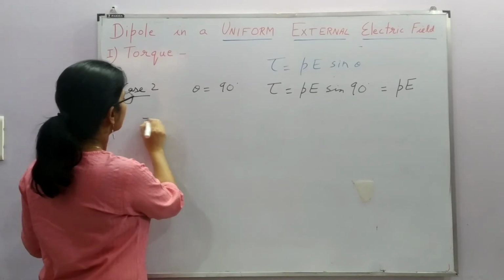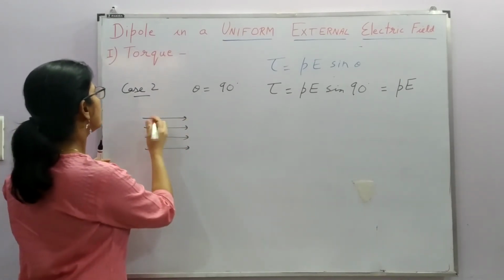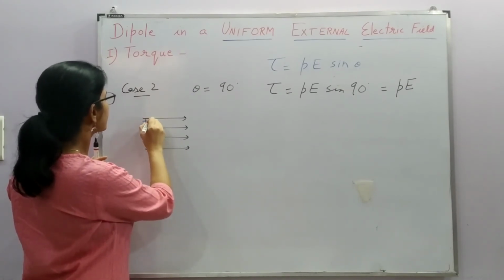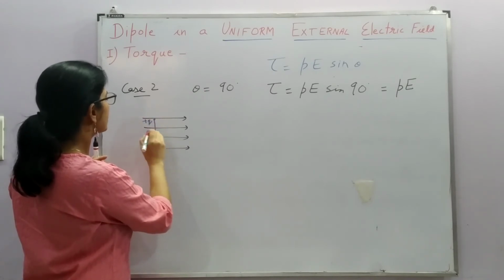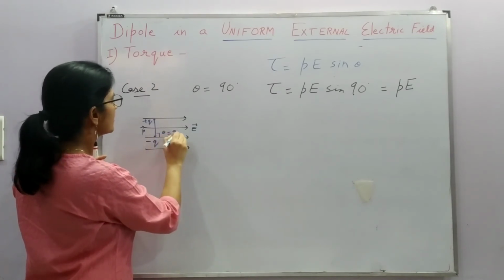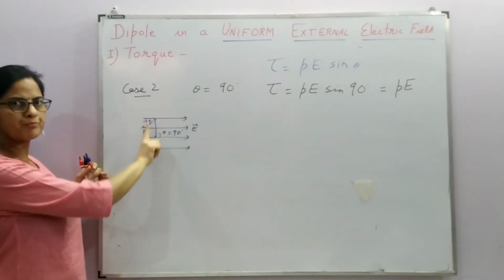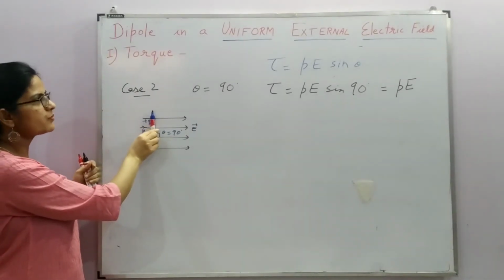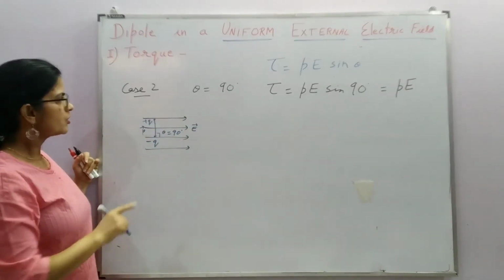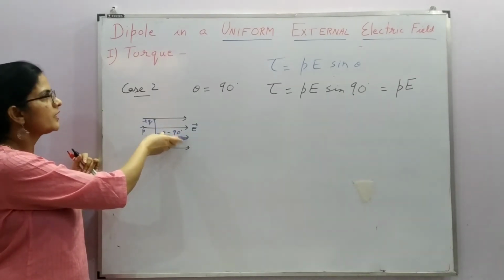So from here we can consider that this is the external electric field and our dipole is kept in this orientation, and this is minus Q and this is plus Q. So this makes the angle between P and E 90 degree. So in this case the torque will be maximum. What does it mean? That when the dipole is kept like this, it will experience maximum torque, and that will be PE. So it will try to be aligned along the direction of electric field.